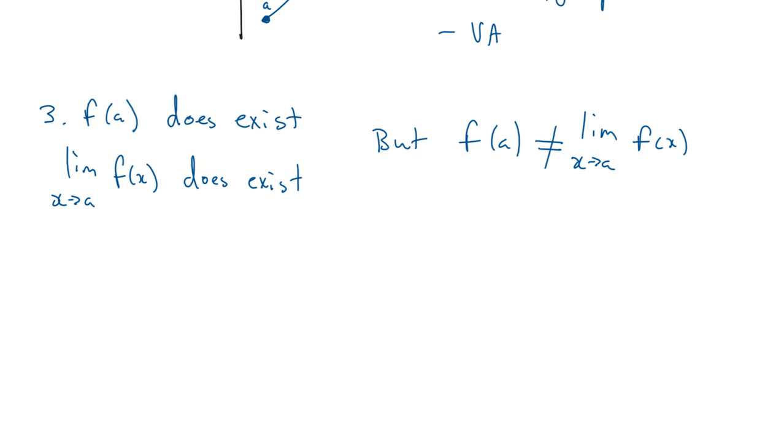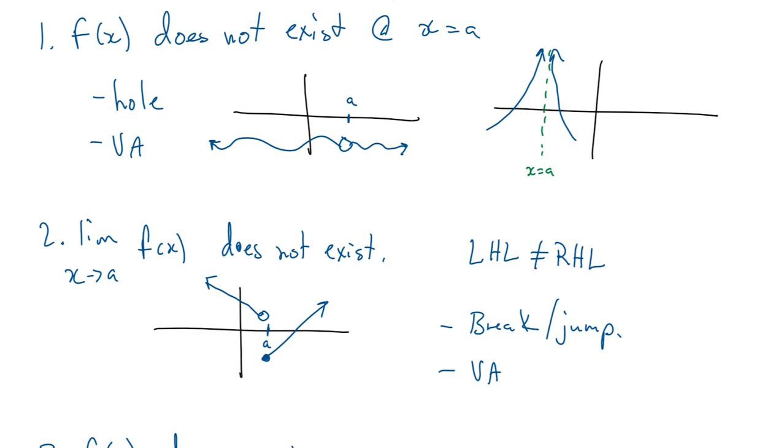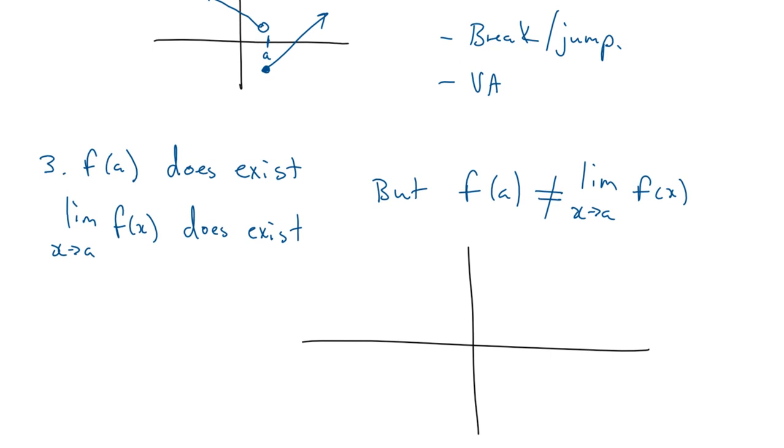What's one example of this? Anybody think of one? A break or a jump. If it's a jump like this, the limit doesn't exist. Yeah, I know what you're thinking. And what do we call that?